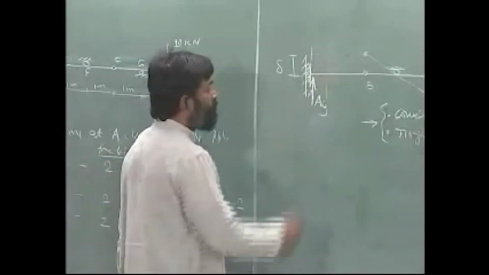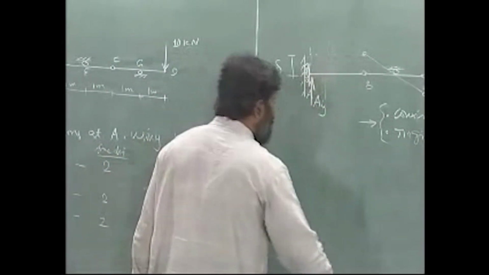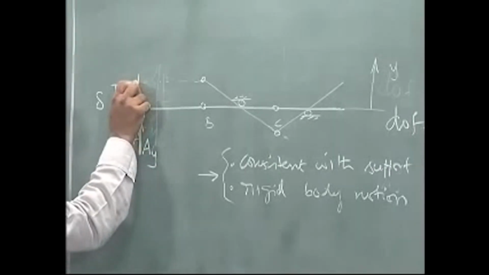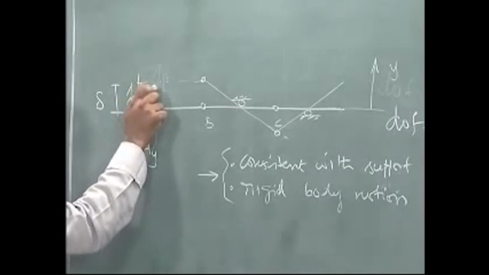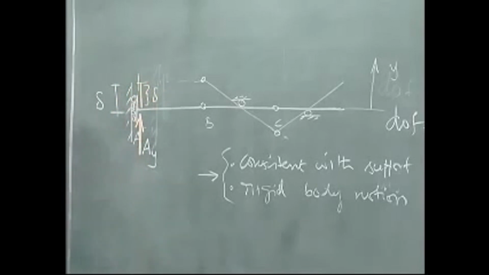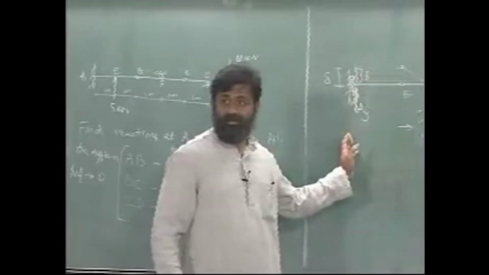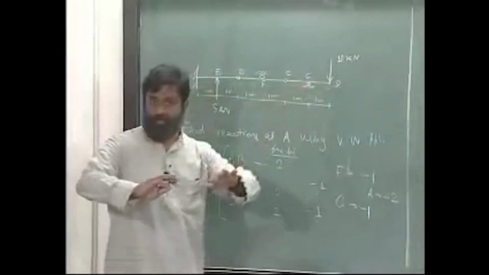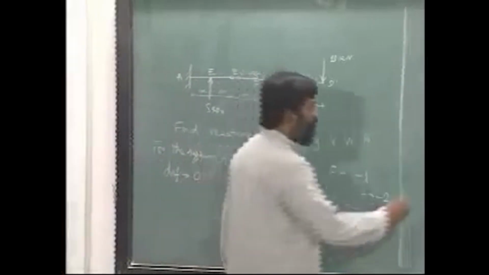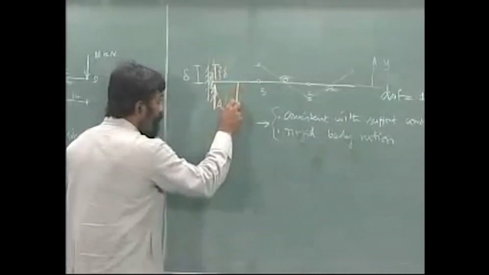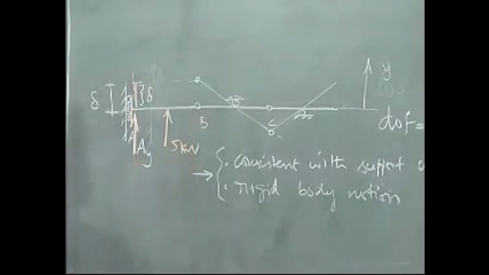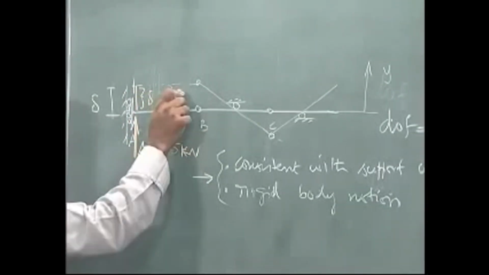What are the other active forces? Let me draw these active forces and then also indicate the appropriate virtual displacements. There is a 5 kilonewton here and a 10 kilonewton here, that is all. So I am going to apply that. There is a 5 kilonewton applied here, and this is the virtual displacement.